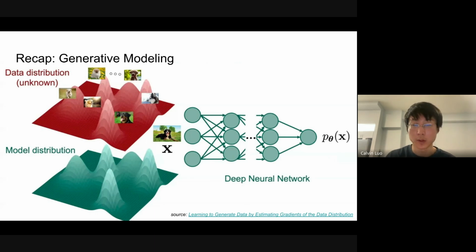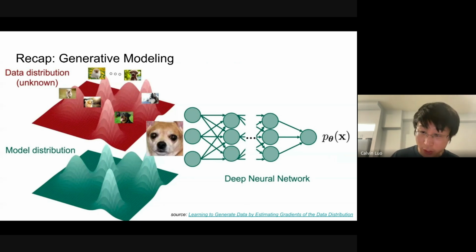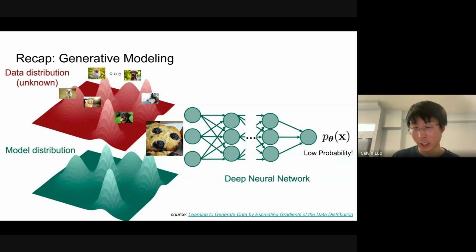And we want to approximate this with our model distribution, usually modeled as a deep neural network that hopefully can take in arbitrary images. When it's of a dog, this deep neural network will predict something of high probability. When it's something like a blueberry muffin that looks like a dog, it should hopefully recognize it and assign low probability to this image occurring.